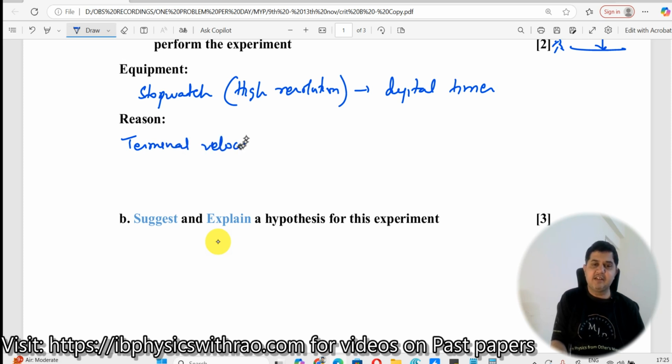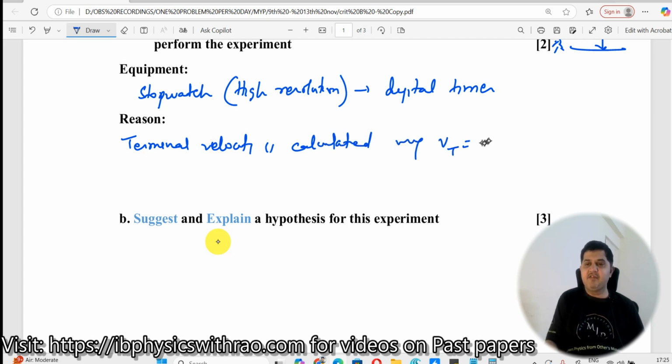Terminal velocity is calculated using vt is equal to d by t.